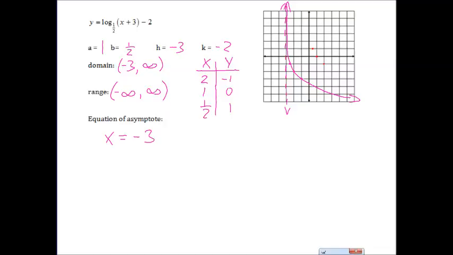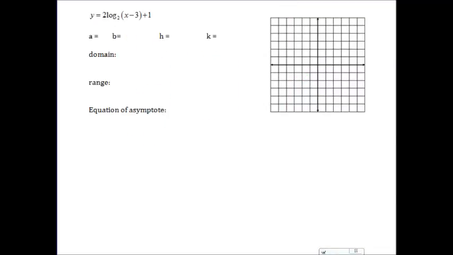On to our last example. Y is equal to 2 log base 2 of x minus 3, plus 1. So now we finally have an a that is not 1. It is 2 in this case. B is also 2. H is positive 3. And k is positive 1. Our vertical asymptote is at x is equal to positive 3.